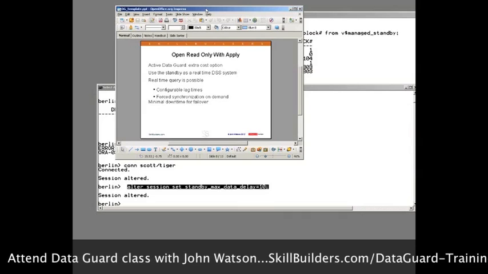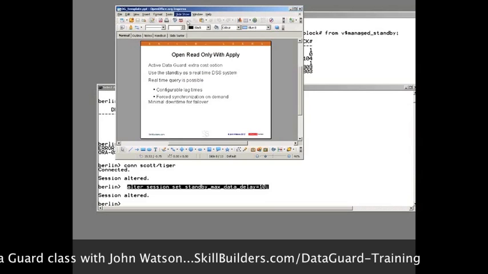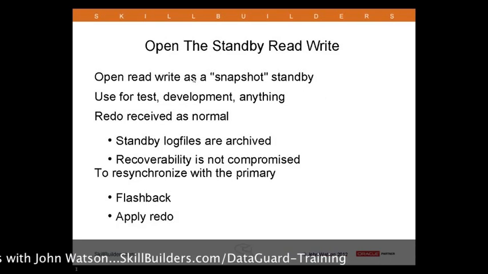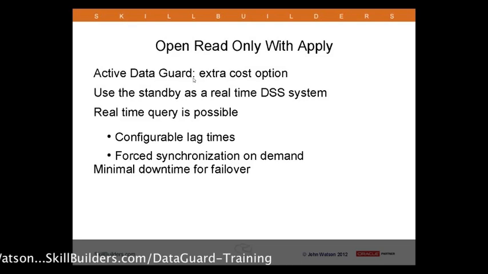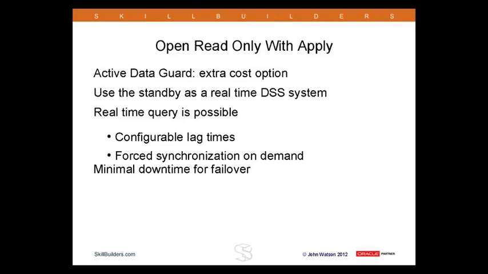But let me just check where I am on my slides. Yes, in about 3 slides' time, we'll see how you can intelligently direct some traffic that does DML to a standby. And that would allow you, in effect, to use it as a load balancing mechanism. Direct some applications based on services, load balance some applications to the primary, and direct some other applications to the standby. So we will return to that later on. And thank you for raising that question. I'll make sure I talk about it in 2 slides' time.